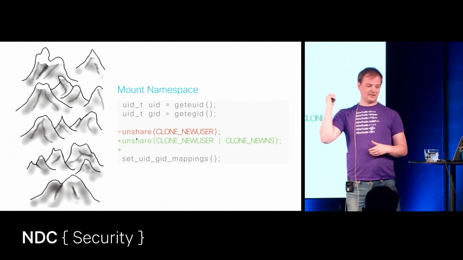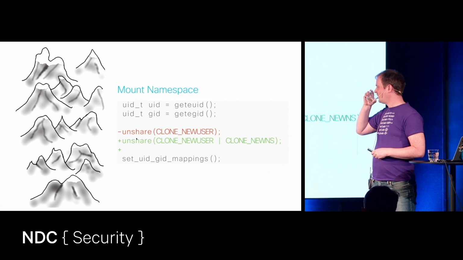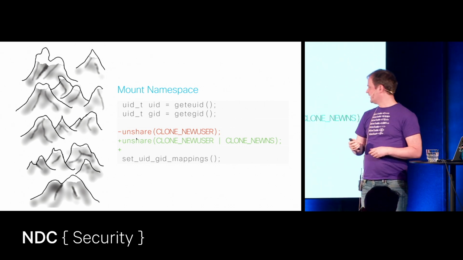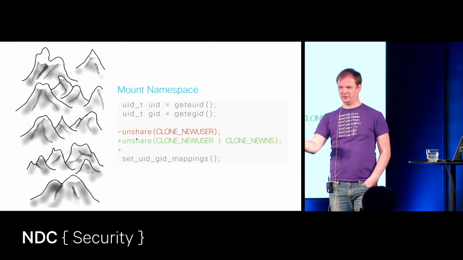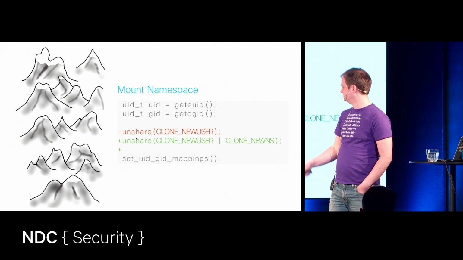Like I said, it's easy to make and join a new mount namespace. You just OR the flag in. At this point, the one you had and the one you're in looks exactly the same. There's no difference.